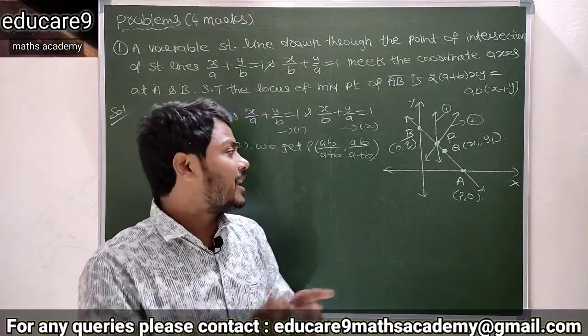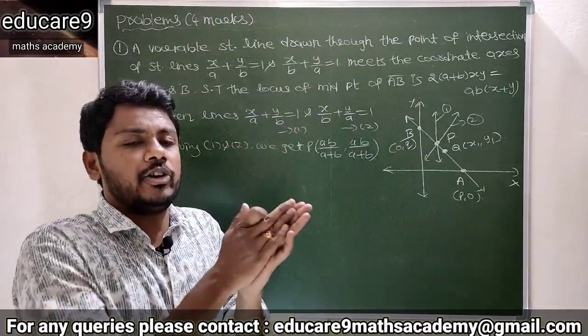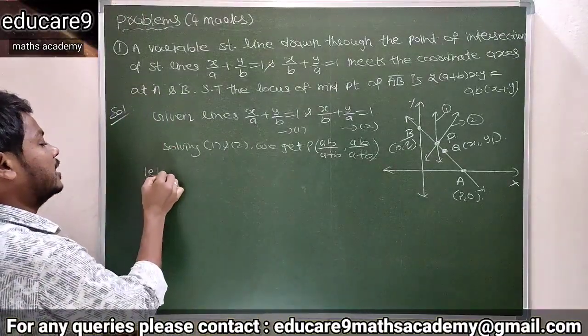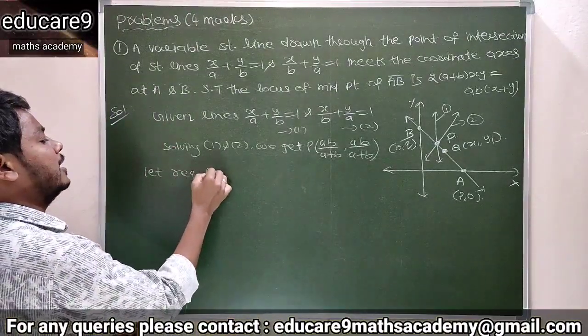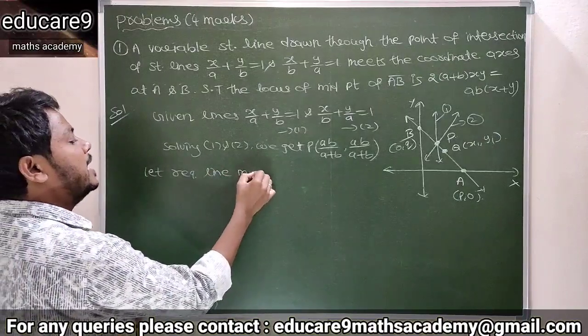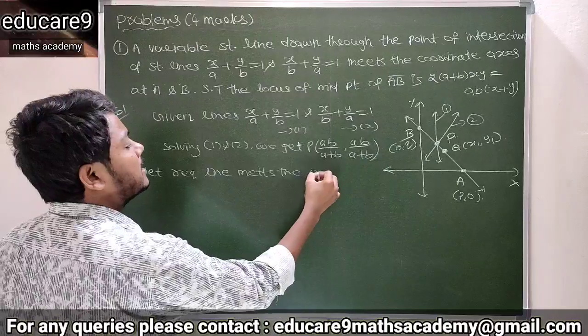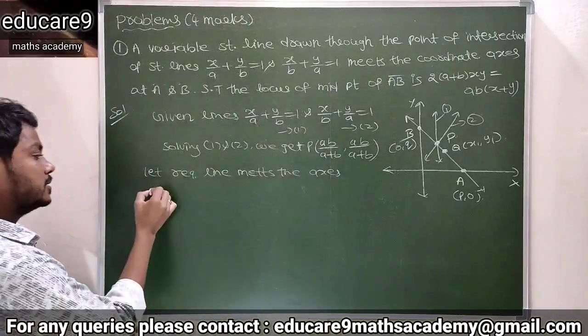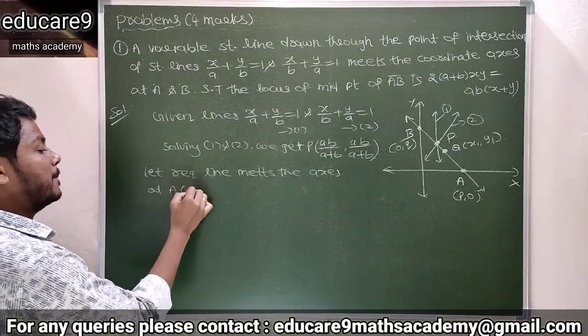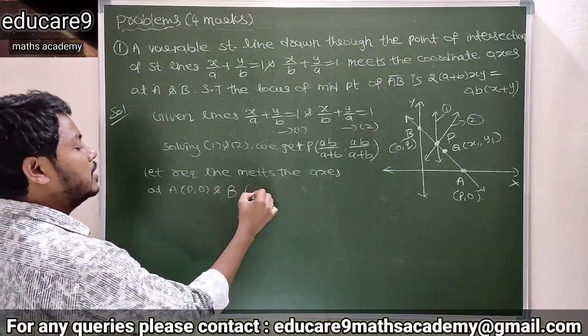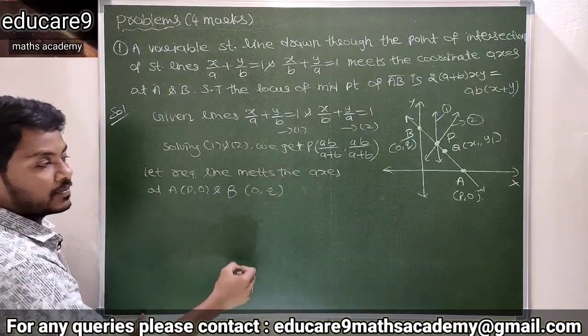The required straight line passes through the point of intersection of the two lines. So let the required line meet the axes at A (p, 0) and B (0, q).